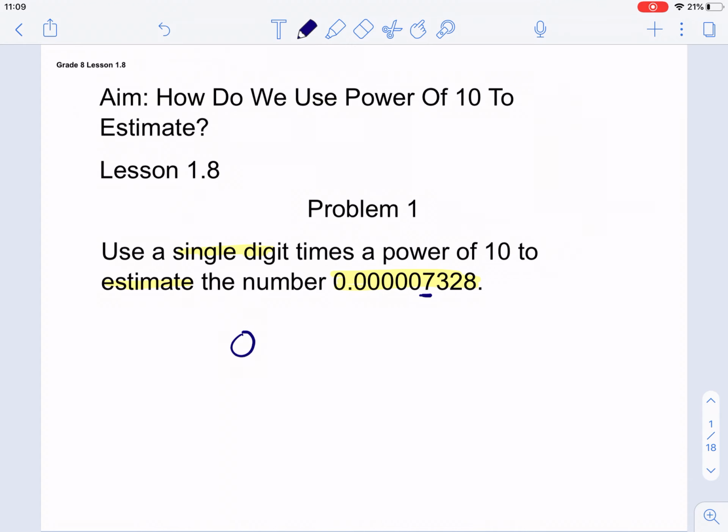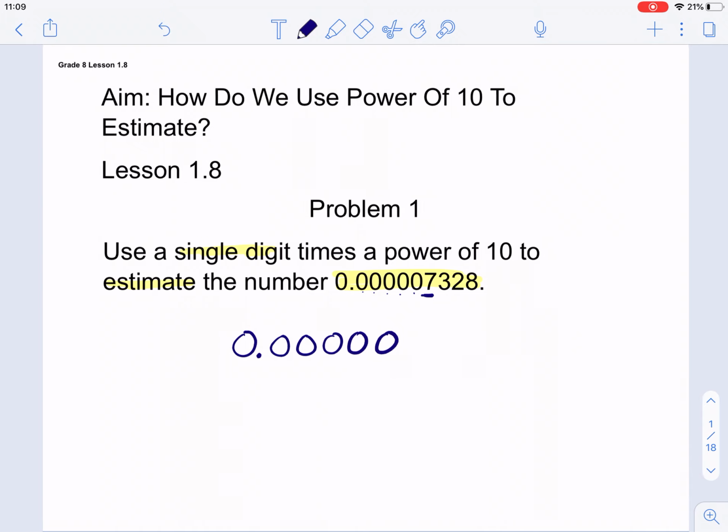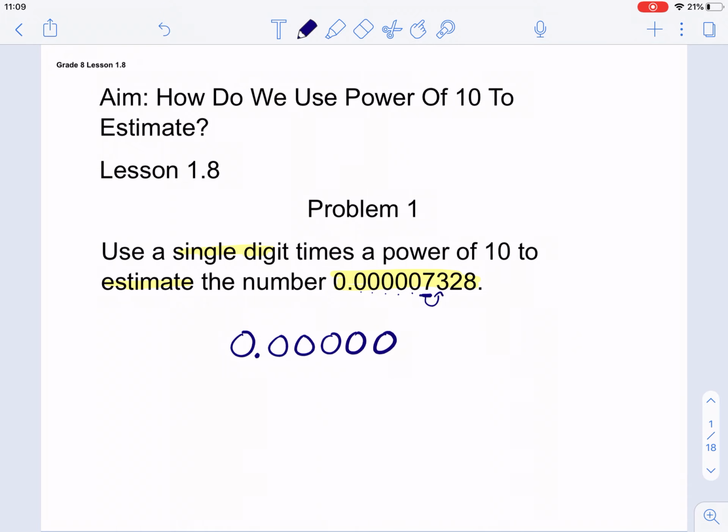Before the 7 I have 1, 2, 3, 4, 5 zeros, so I'm going to keep those 5 zeros. After the 7 is a 3. Since the 3 is less than 5, I'm going to keep that 7 as a 7. So this is my estimated number.